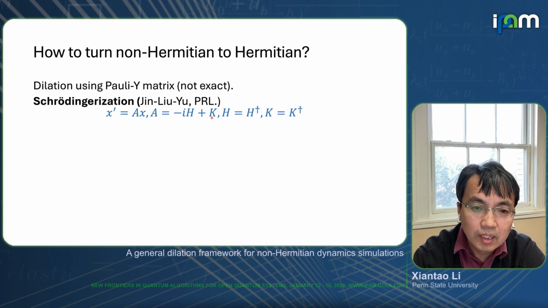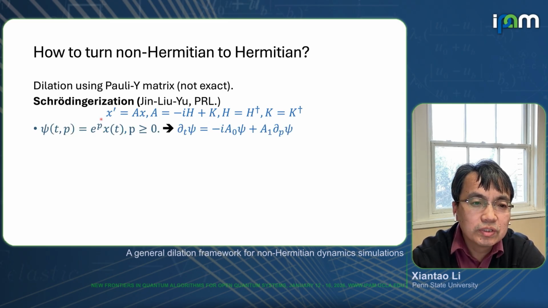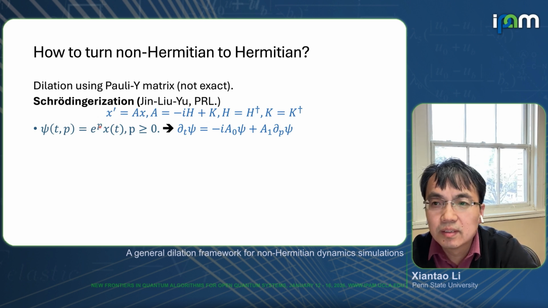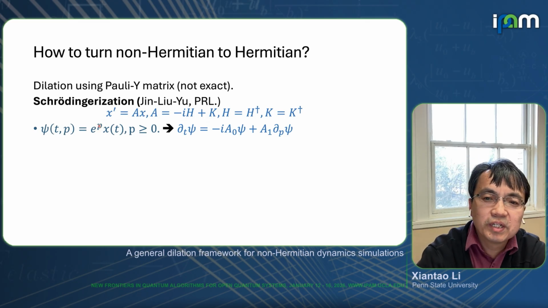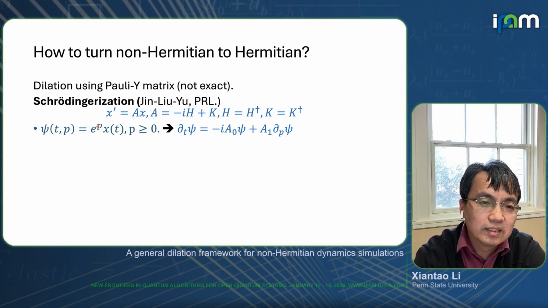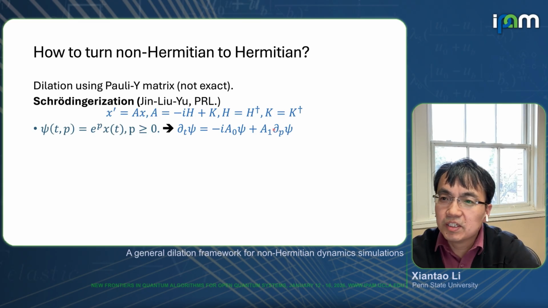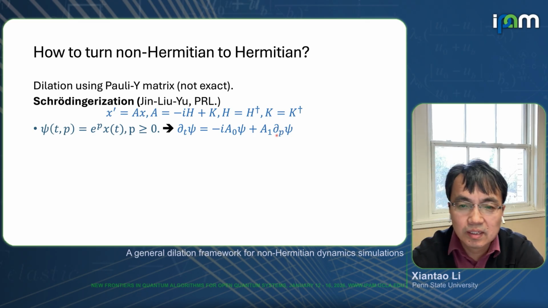And what they do is they introduce another variable p, and they multiply the solution by this exponential function. What's nice about this exponential function is that its derivative is the same as itself. Therefore, you get an extra differential operator for free.